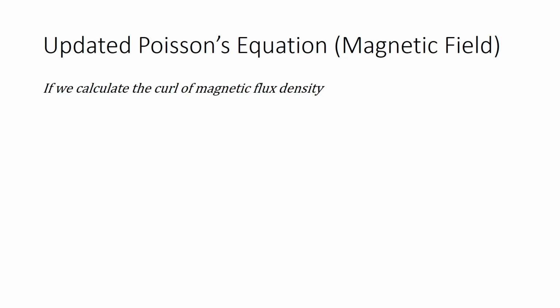So if we calculate the curl of a magnetic flux density, then del cross B bar is equal to mu times del cross H bar, because B bar is equal to mu times H bar.